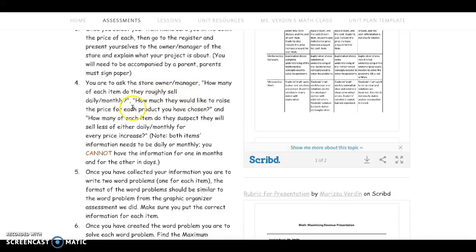They would ask how many of the items they currently sell per month or per day, and if they could, how much would they raise the price for each of the items, and if so, how many of each item they suspect that they would sell less of based on the new price.